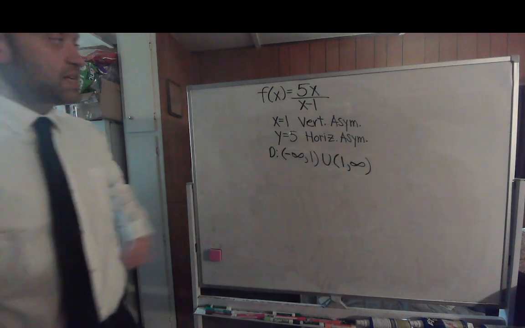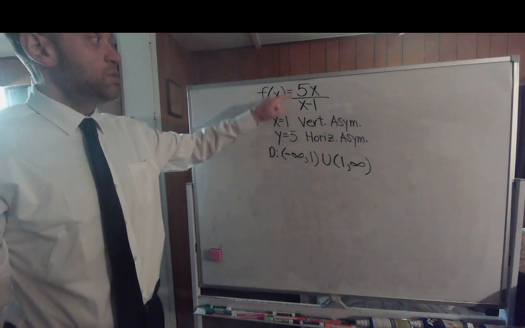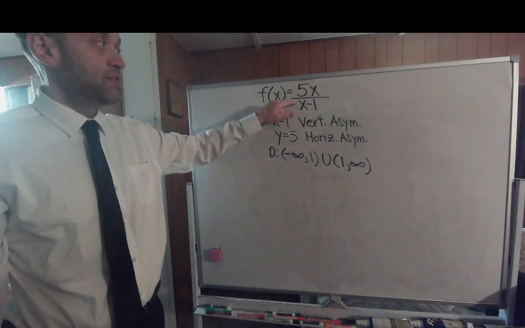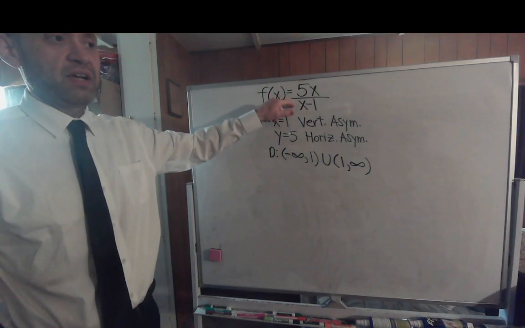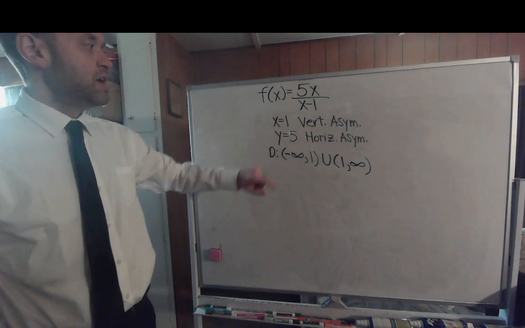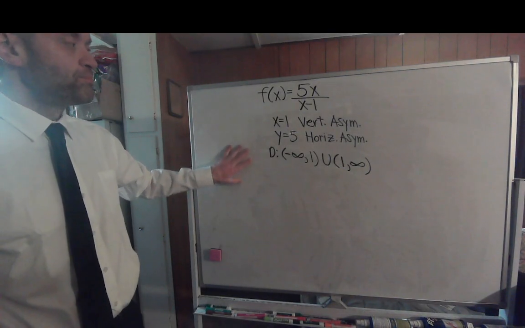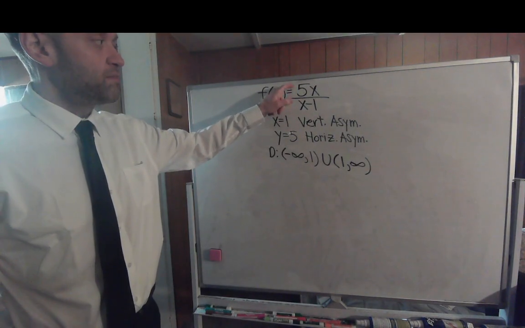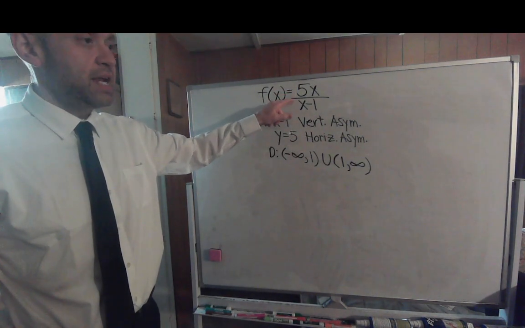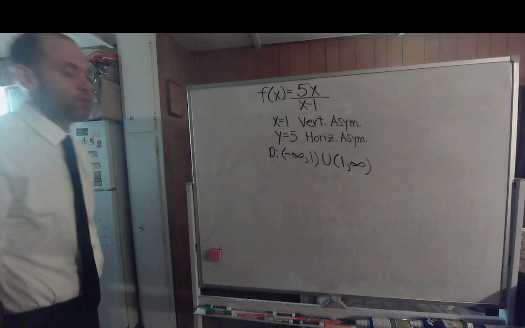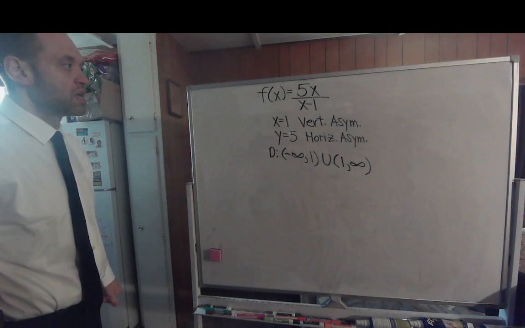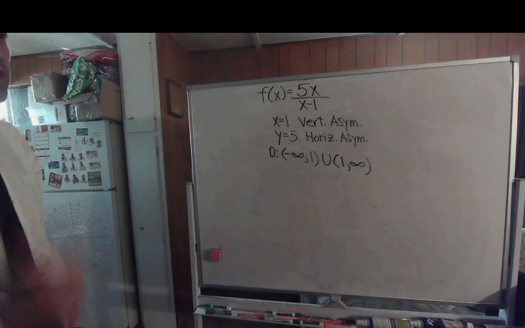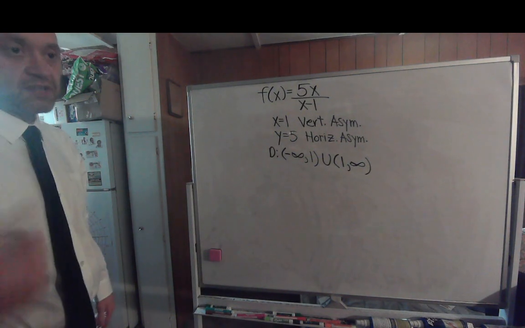But let's look at some negative values of x. For negative 1, you would get negative 5 divided by negative 2. Well, that'd be positive again. If you put in negative 3, you would end up getting negative 15 divided by negative 4, that'd be positive 15/4.